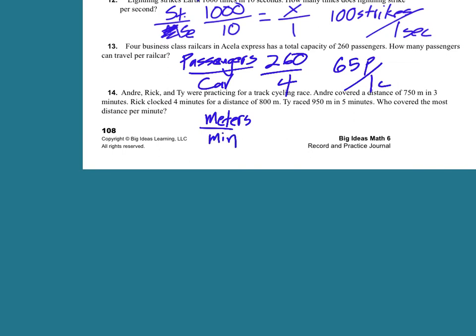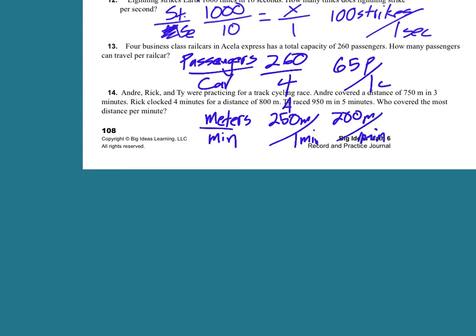So I am going to go Andre first. He did 750 divided by 3. He did 250 meters per 1 minute. That was Andre. Then we're going to go Rick. Rick did 800, so divide by 4. He did 200 meters per 1 minute.